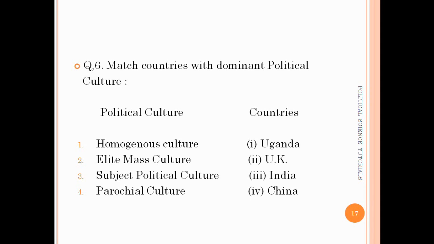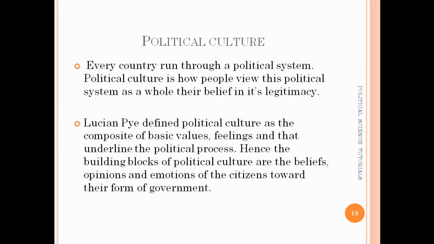Question number 6. Match countries with dominant political culture. Homogeneous culture is dominant in UK or Great Britain. Elite mass culture is dominant in India. Subject political culture is dominant in China, and parochial culture is dominant in Uganda. What is political culture? Every country runs through a political system, and political culture is how people view this political system as a whole, and their belief in its legitimacy.